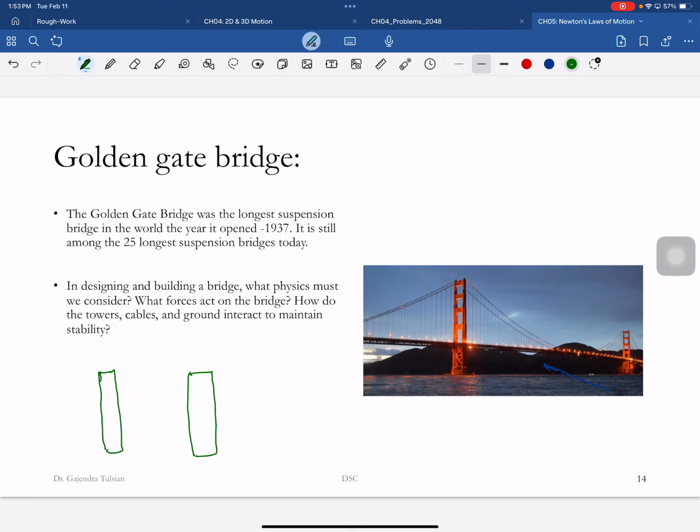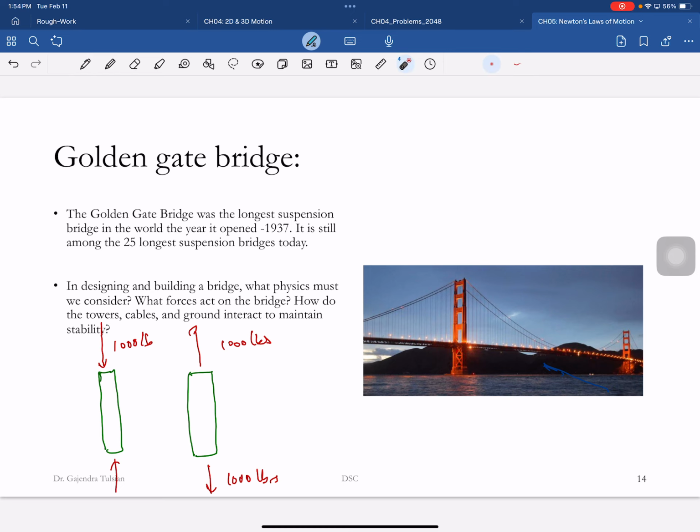So let's say these are concrete pillars, identical pillars, and I'll apply a 1,000-pound force like that. I'm just making up numbers.